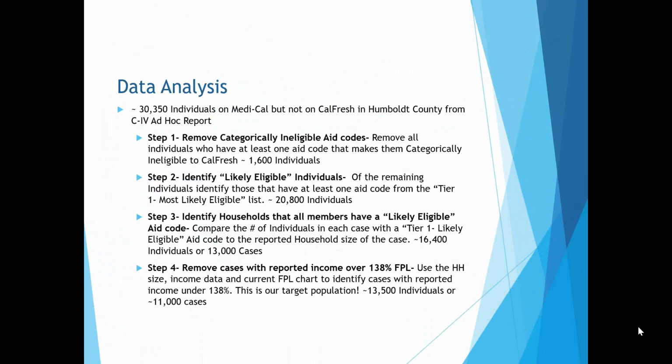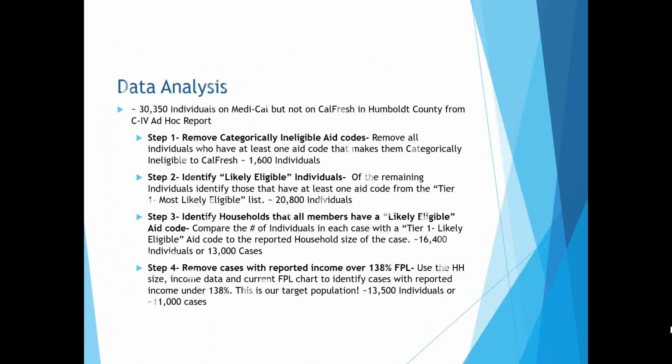So now the last step that we did, our step 4, was removing cases with any reported income over 138%. And that's why we use that income information in our report, because, as we know, MediCal and CalFresh deal with incomes differently.